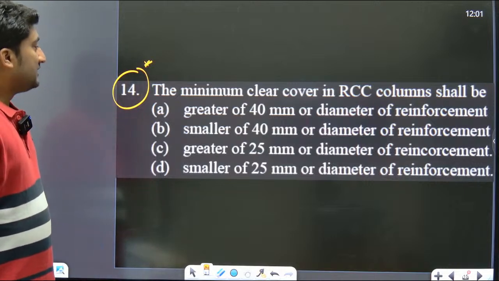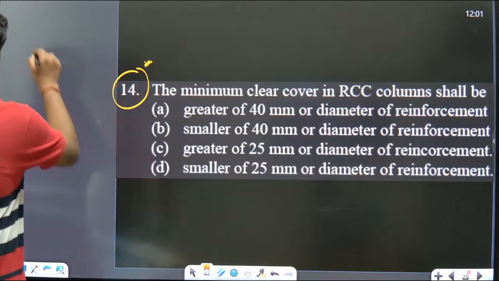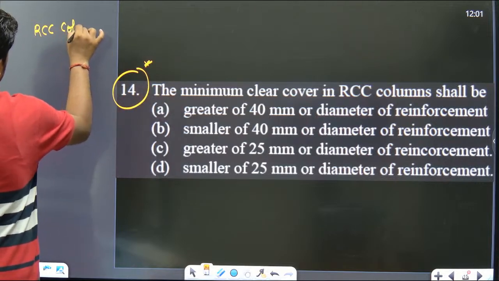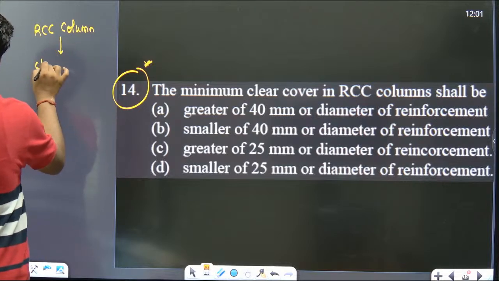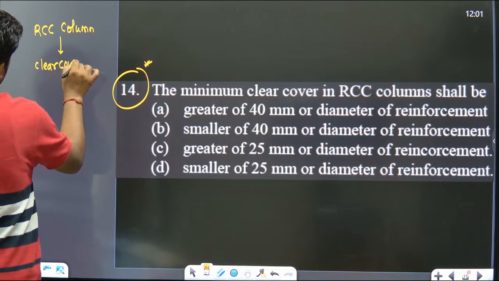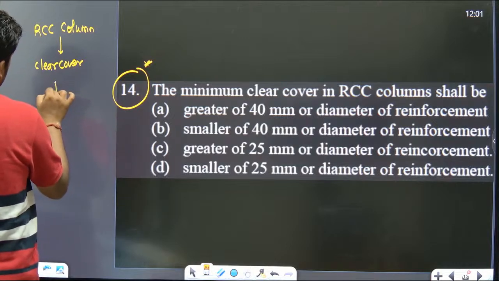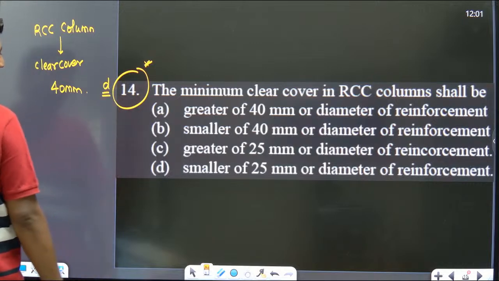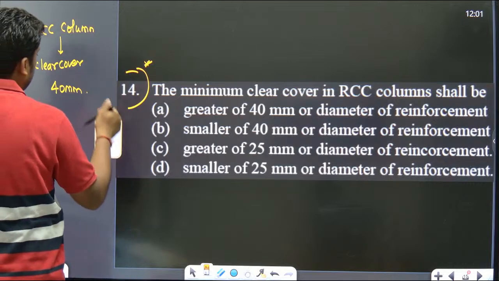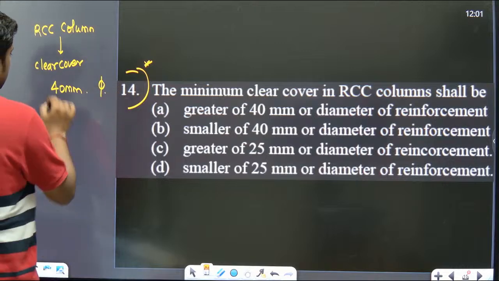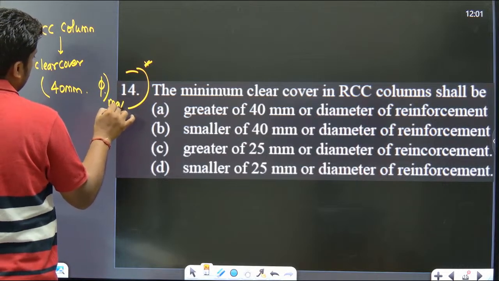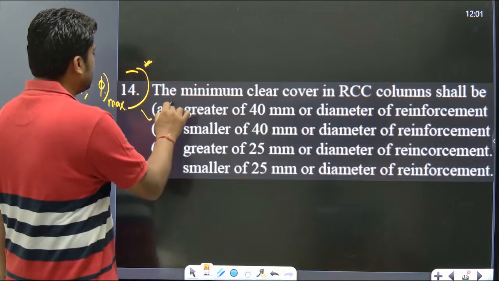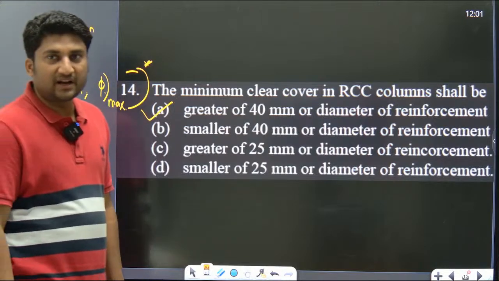The minimum clear cover in RCC column. Clear cover is nothing but the greater of 40 mm or the diameter of reinforcement, whichever is greater. So it is the maximum of two values. Hence option A is the correct answer. Understood everyone? Option A is the correct answer.